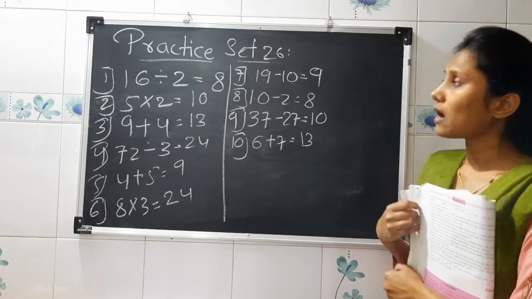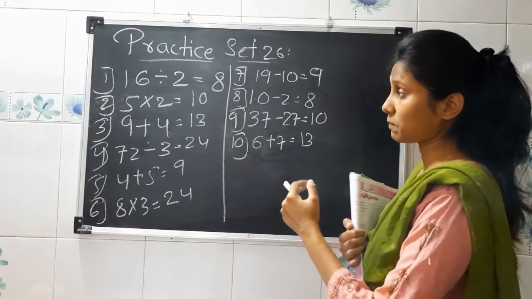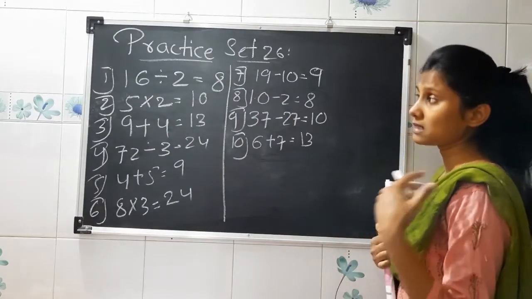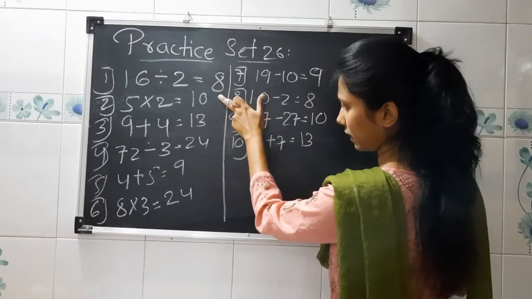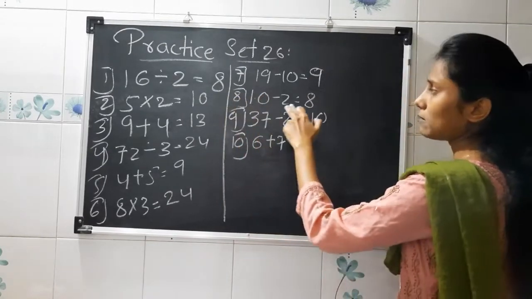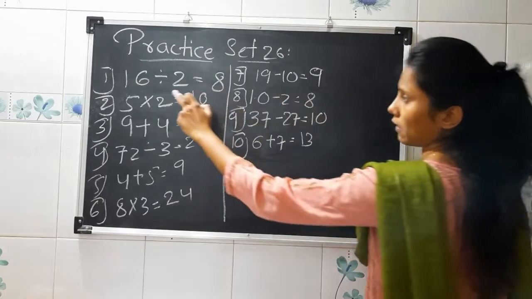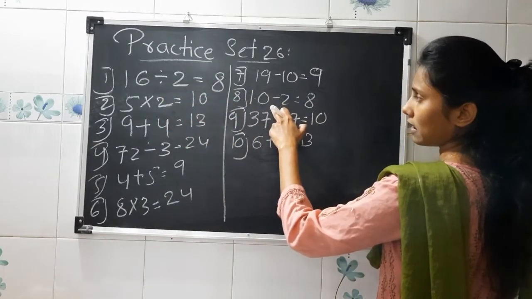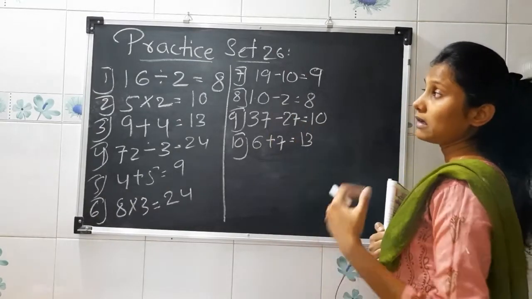Okay. Now, you have to check which expressions give you the same answer, that is, the same result. Now, 16 divided by 2, we got the answer 8. Similarly, 10 minus 2 also gives you the answer 8. So, therefore, 16 divided by 2 and 10 minus 2 make an equation.